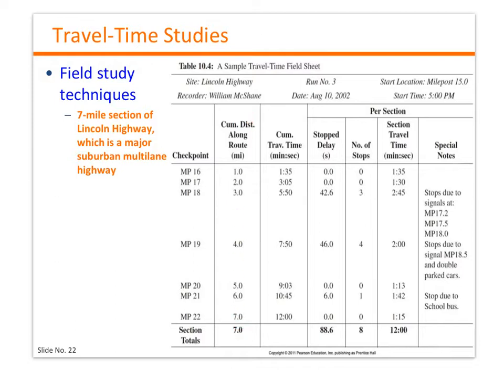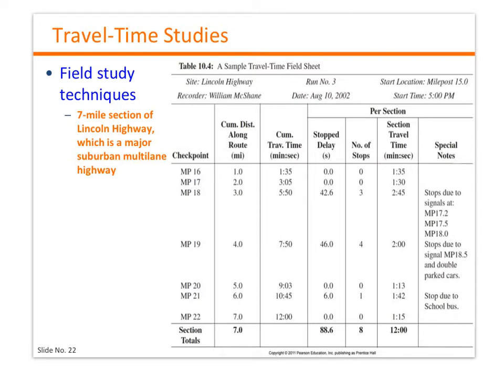So as you can see here, this is the second column. It shows the cumulative distance along the route. So by the time you reach mile post 16, 1 mile, 2 miles, 3 miles, all the way to mile post 22, you have a total of 7 miles worth of length at that section. Then the third column shows the cumulative travel time.